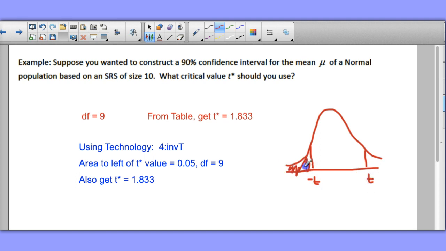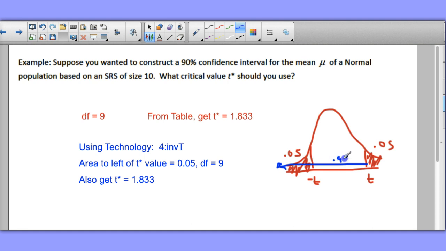And so if I have 10% left over split equally between the tails, that means I would have 5% in each tail. So I can either look up 0.05, or I could look up 0.95, which would be the area to the left of the positive t star value. This would be 0.95.